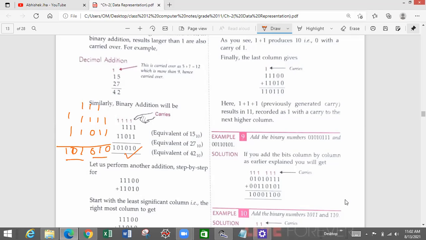This is the result. Another way of doing it, I will write the decimal equivalent of this number. This is 15. I will also write the decimal equivalent of this number. This is 27. Add them together, 42. Convert that into binary and write it here. So suppose you are not sure about the binary rules.